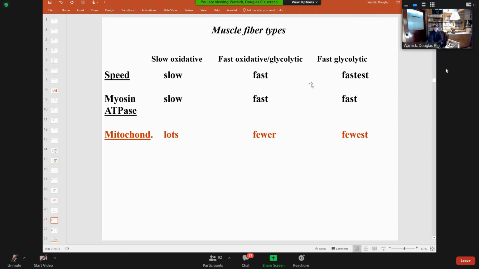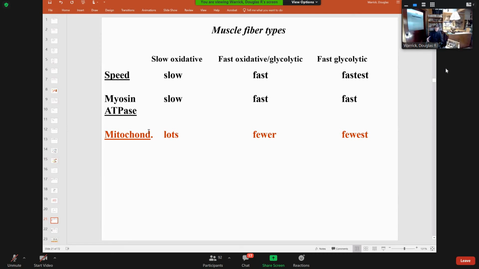As you might expect, fast glycolytic fibers, largely anaerobic, largely deriving their ATP from glycolysis, are going to have the fewest mitochondria, whereas slow oxidative are going to have piles and piles of mitochondria. Now, keep in mind that the more mitochondria, this is an organelle, it has considerable volume to it.